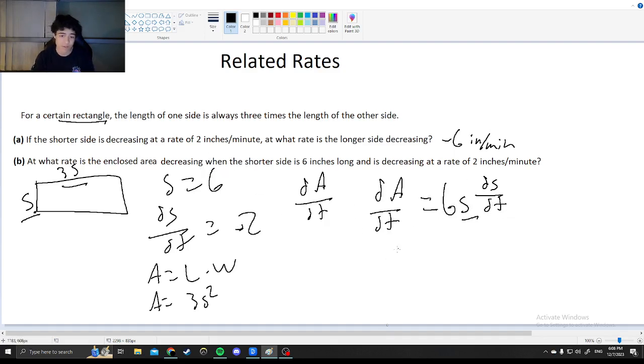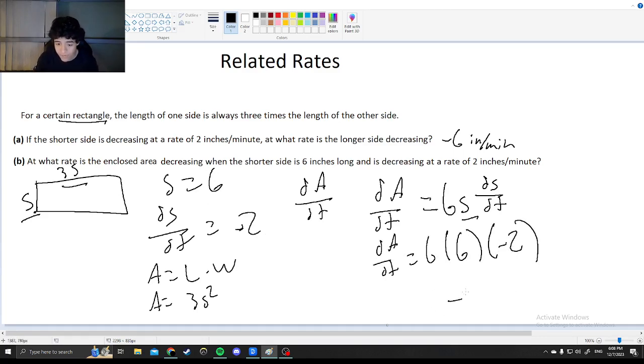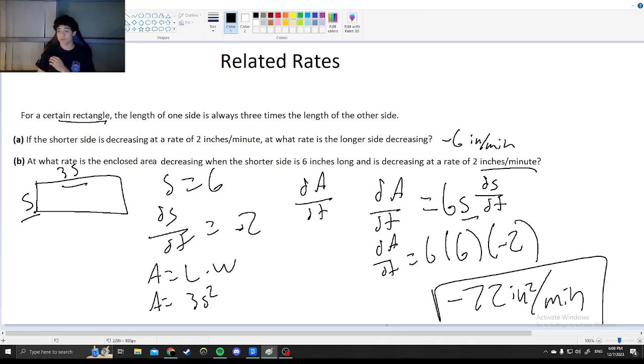So you just plug it in. So you have dA over dt equals 6 times 6 times -2. Multiply this out, you get -72. Can't forget the unit. We're talking about area, so it's inches squared per minute. So that's it for this problem.